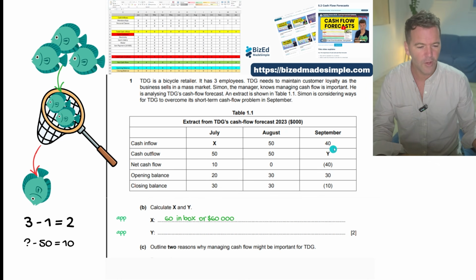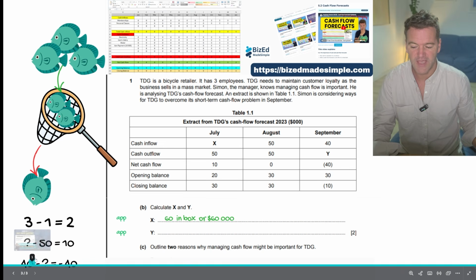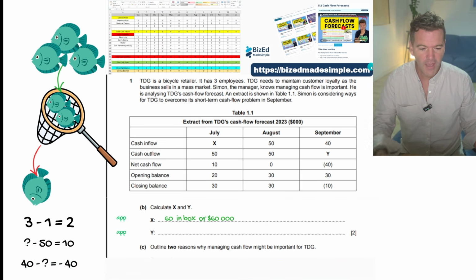Okay, second one's a little bit trickier, of course. They like to do that, but if we follow the same logic of the fish, writing it underneath, so we have 40 minus the question mark, the outflow, which is the Y, equals, now brackets, so it's minus 40.